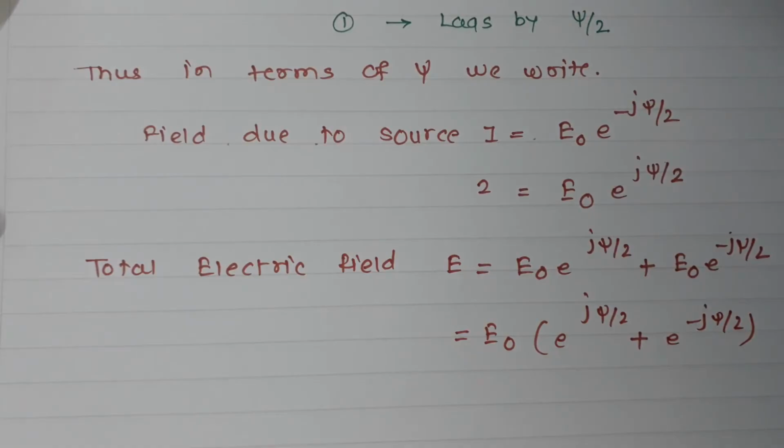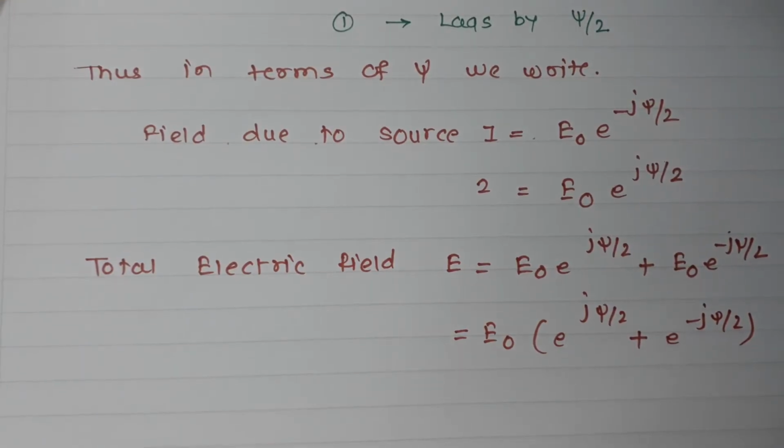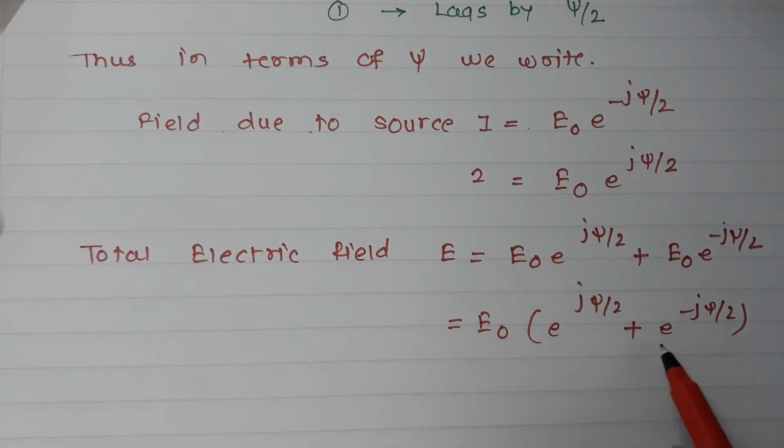Okay. Now, as we know, this is nothing but e^(jθ) + e^(-jθ).